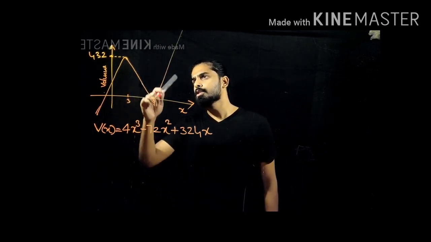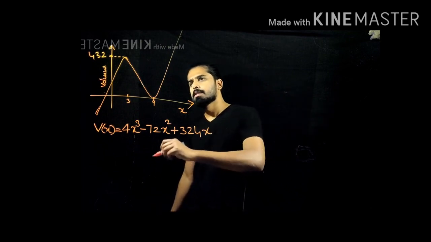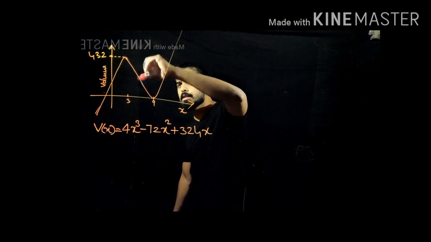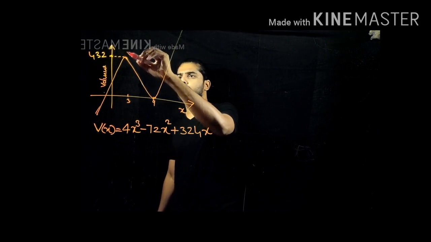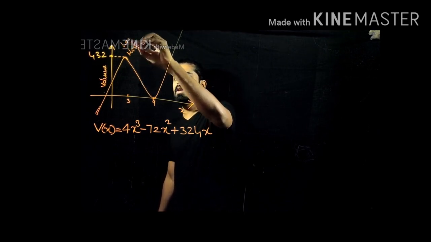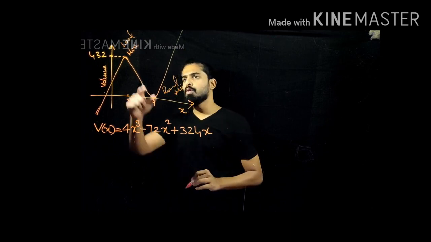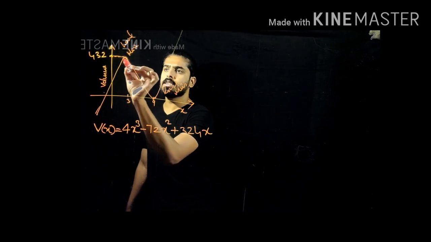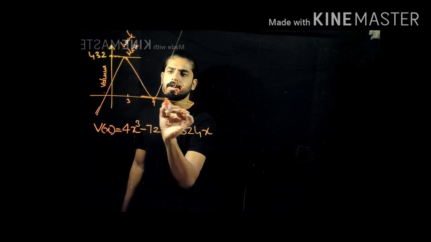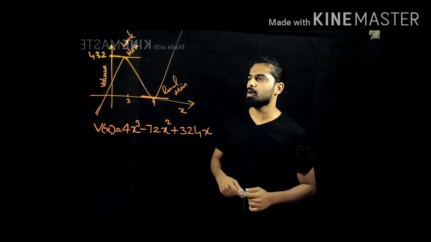In order to find this point, see, this is the local maxima, and this is the local minima. At both these points, if we draw a tangent, the slope of this tangent is 0, since the tangent will be a horizontal line.